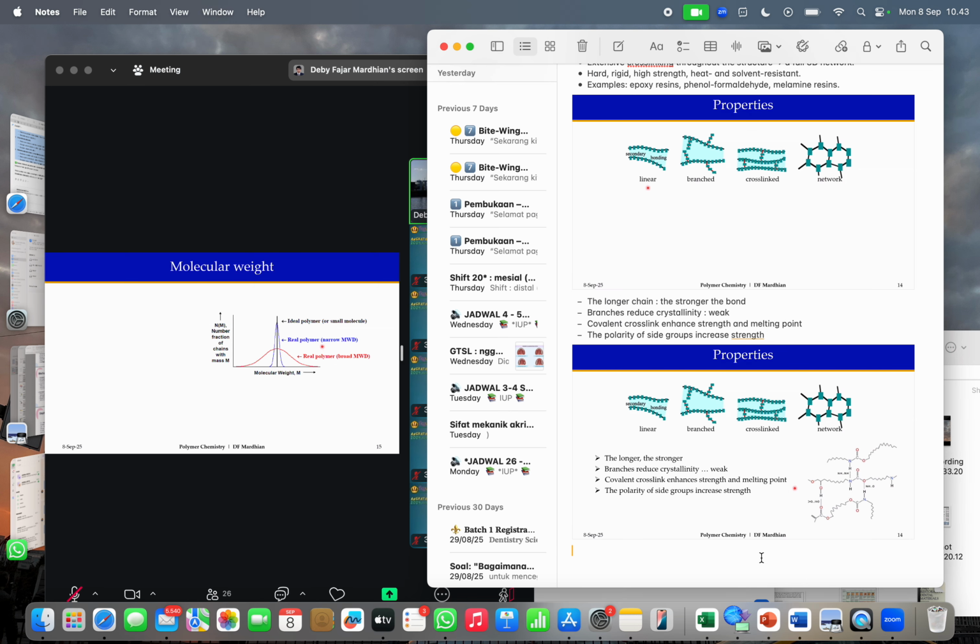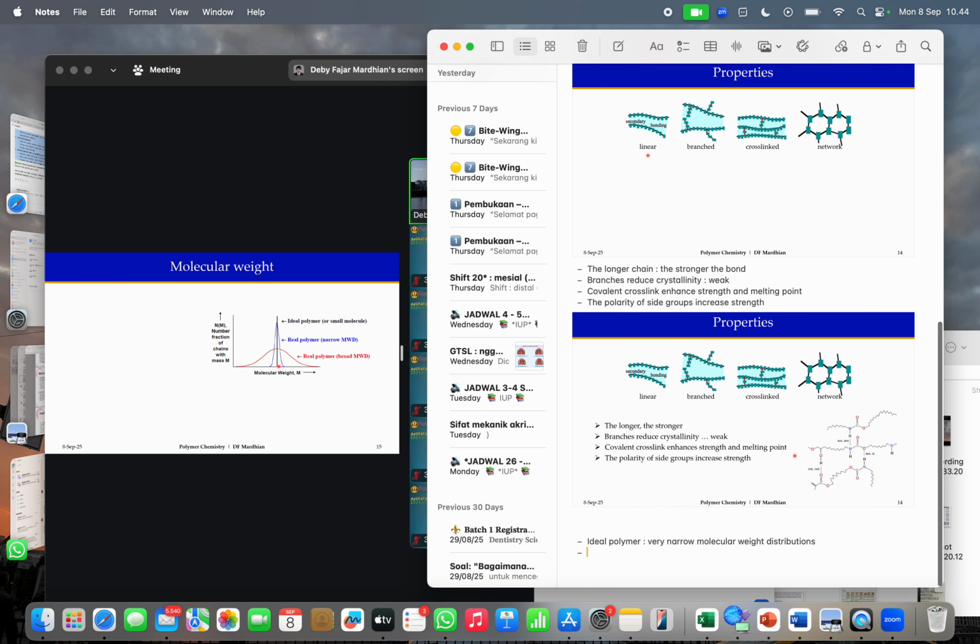So the ideal polymer should have a very narrow molecular weight distribution, meaning the size of every single molecule is the same, the length of the chain of the polymers is the same, and thus the molecular weight is very narrow, very uniform.